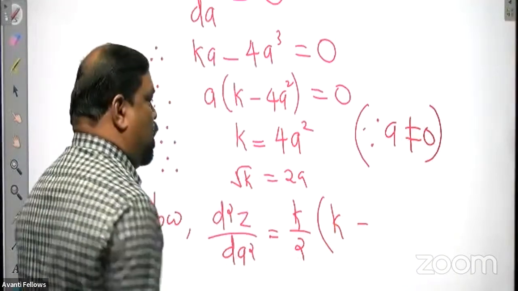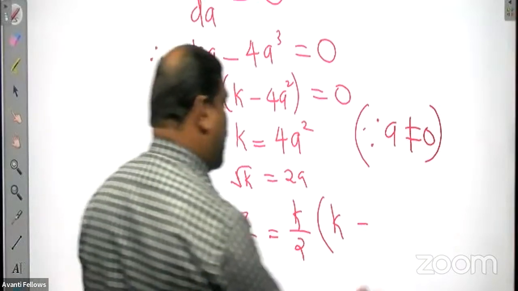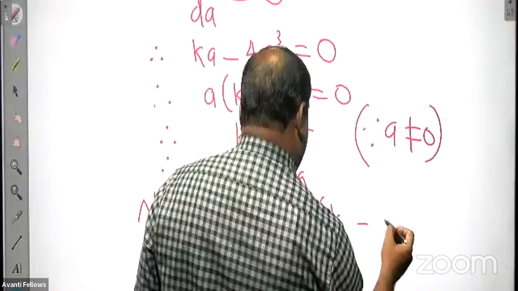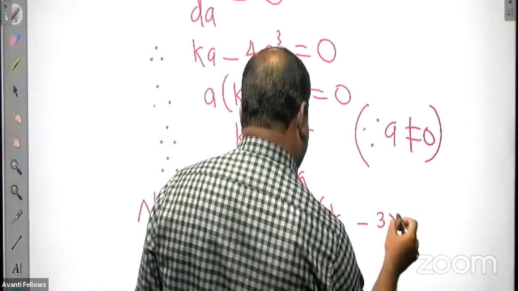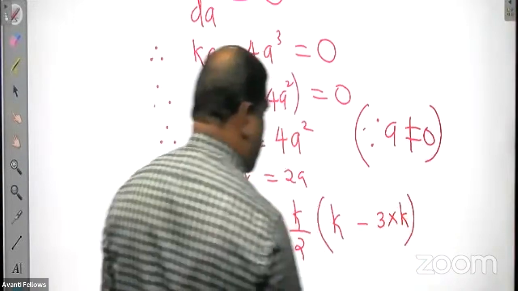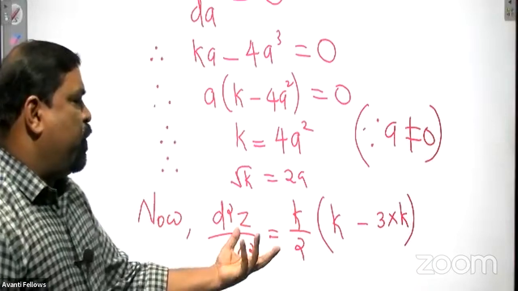So 12a square means actually 3 into 4a square, and 4a square is k. Anyway, you can substitute.